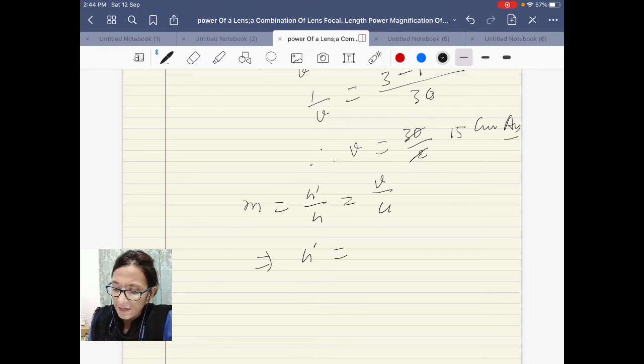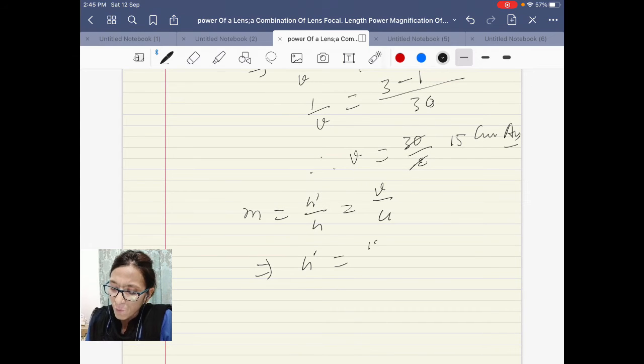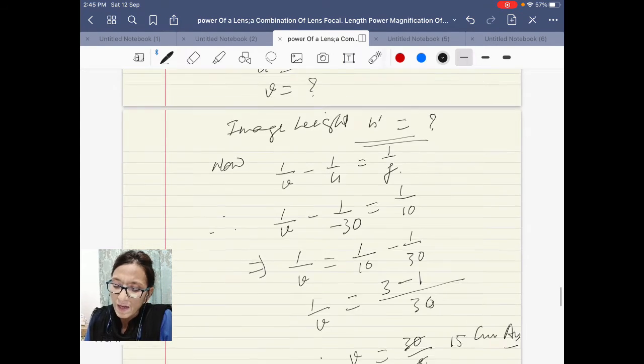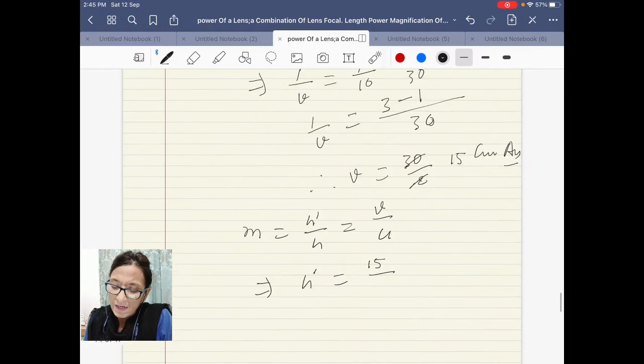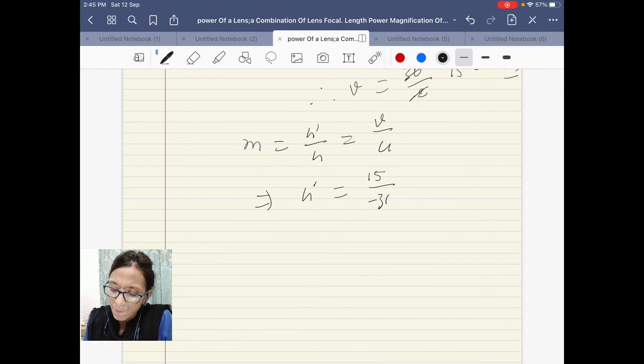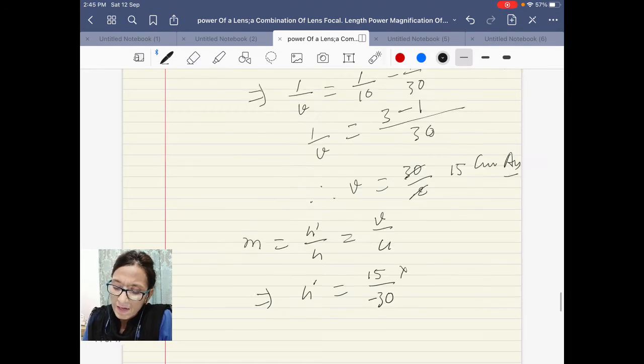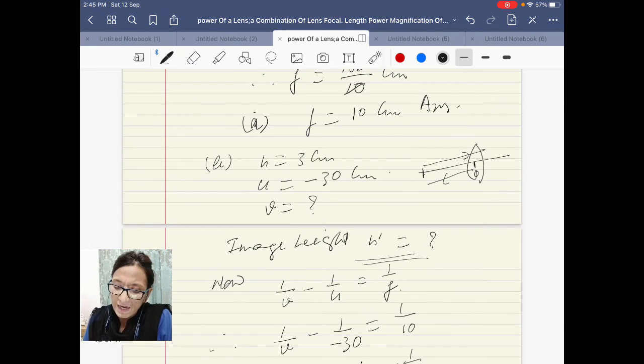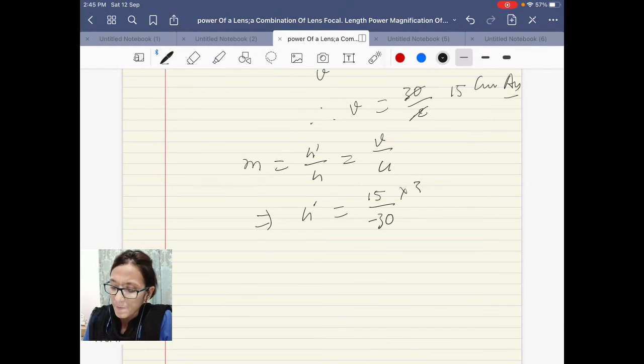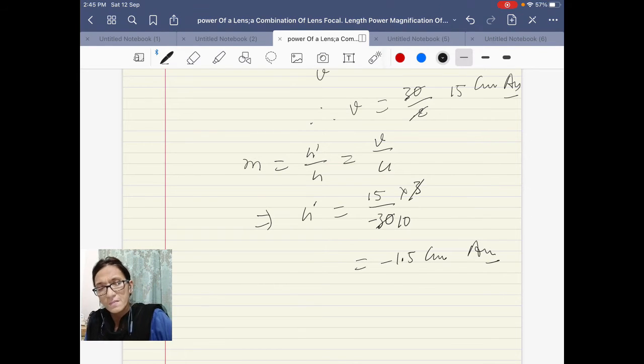H dash is equal to V, which is a positive quantity, divided by U, and U is minus 30, and the object height H is given as 3 centimeter. 3 times 15 by 30, and this is your minus 1.5 centimeter answer. So this is how you can find the image position, image height, and everything.